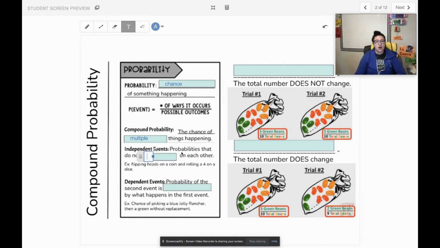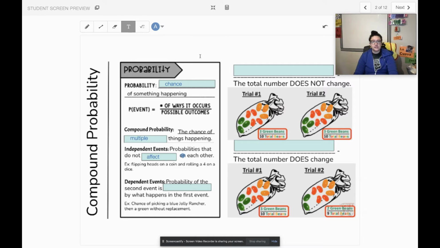Independent events are probabilities that do not affect each other. Not quite sure why I had the word on in there. Maybe I had a different word. But independent events are probabilities that do not affect each other.